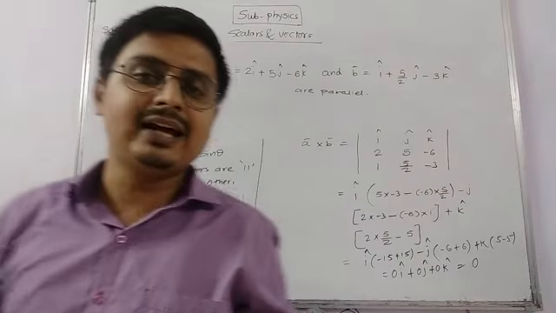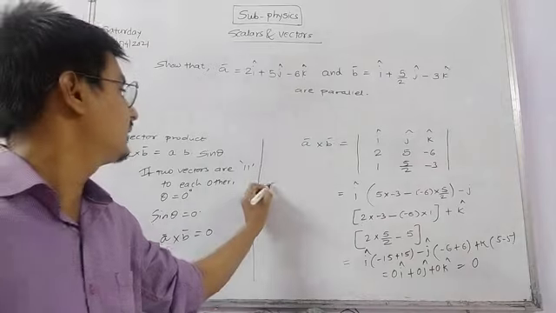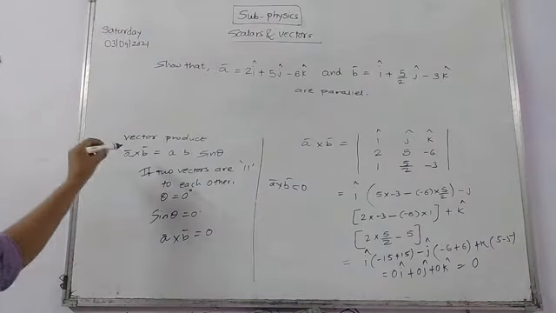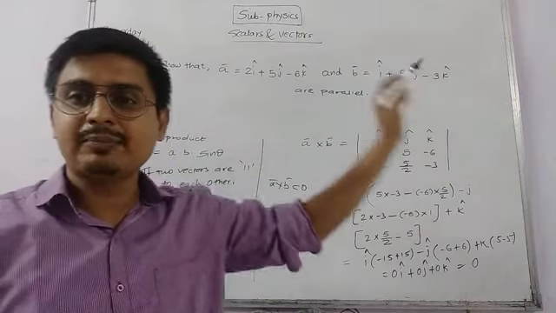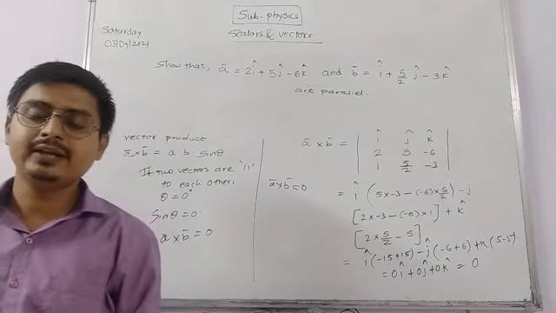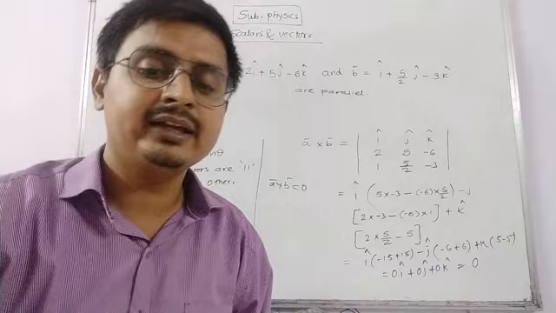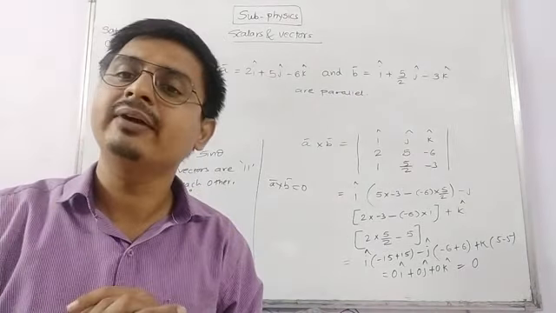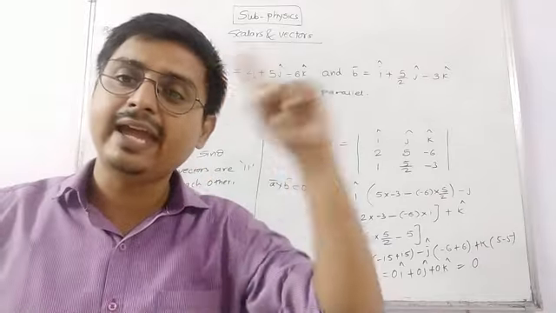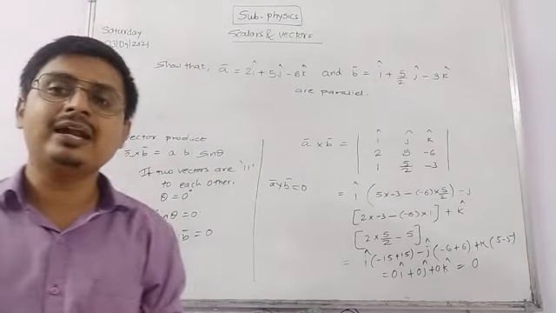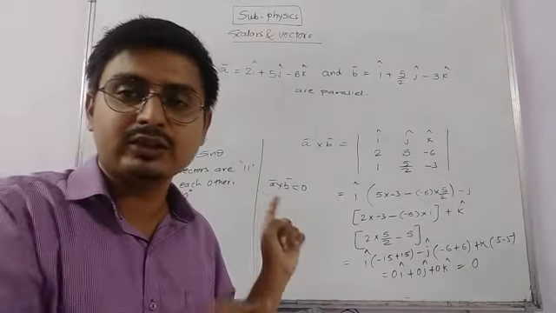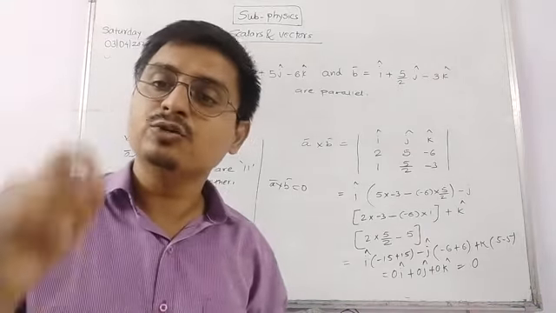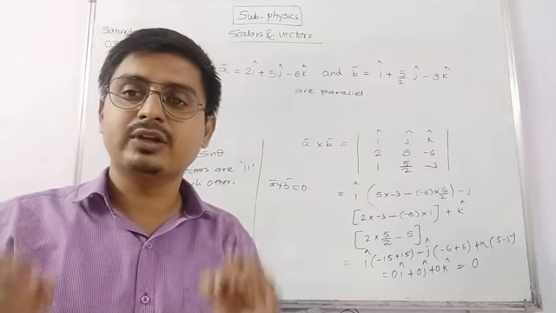So when we say that a bar cross b bar equal to 0, therefore the two vectors are parallel to each other. ठीक है? Similarly, remember one thing, अगर वो दो वेक्टर एक दूसरे को परपेंडिकुलर होते हैं तो उनका स्केलर प्रोडक्ट 0 होता है, और जब वो पैरेलल होता है तो उनका वेक्टर प्रोडक्ट 0 होता है. जब हमने कैरेक्टरिस्टिक्स पढ़ी थी वेक्टर प्रोडक्ट की और स्केलर प्रोडक्ट की, उसमें क्लियर मेंशन किया, आप जाके देखिए कि कैरेक्टरिस्टिक्स क्या है.